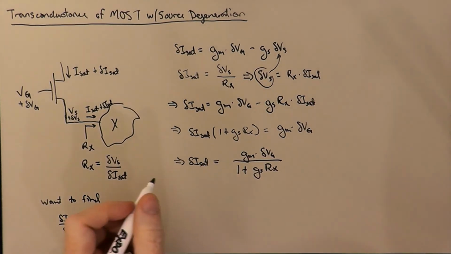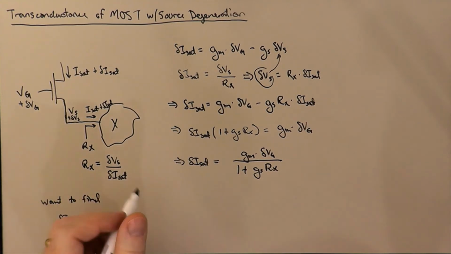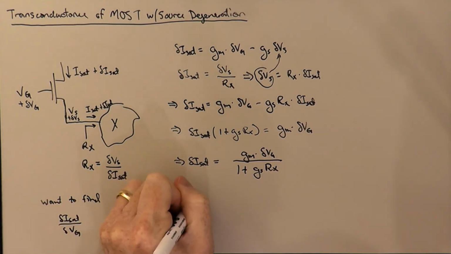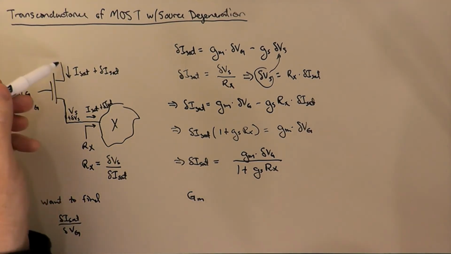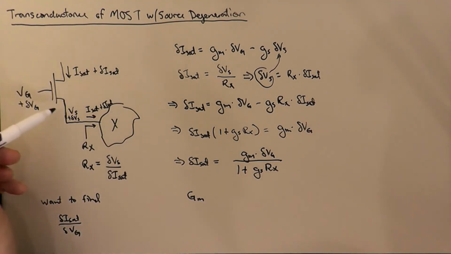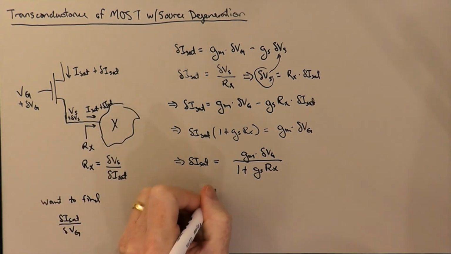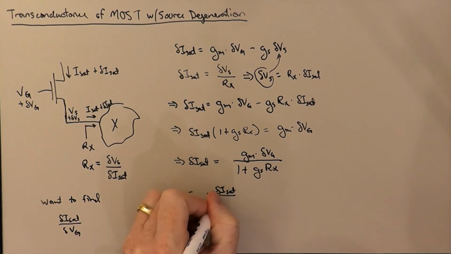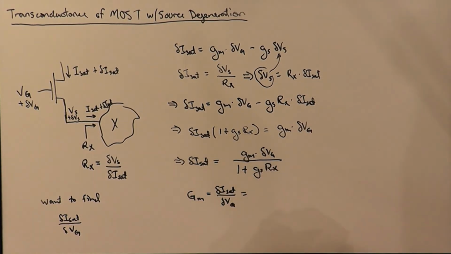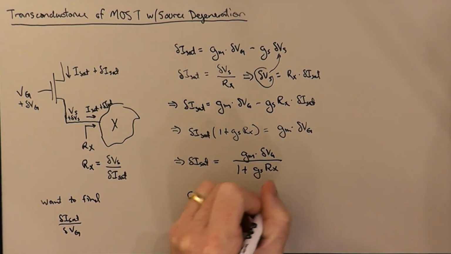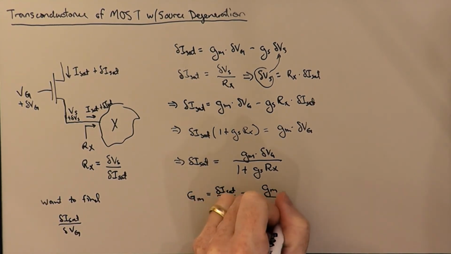Okay, and so the transconductance gain of the transistor with source degeneration, which we could call capital GM, that's the GM of this piece of the circuit, both the transistor and whatever is down here in the source. Delta I sat for delta Vg. And we just move the delta Vg downstairs, and we find that it's little gm of the transistor over 1 plus little gs of the transistor times Rx.